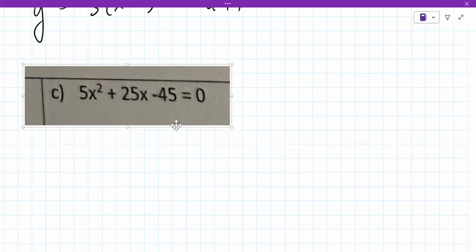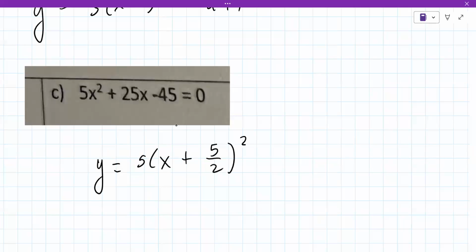I got y equals 5 times x plus 5 halves squared minus 36. Like this? Yep. Okay, so my concern is that when you square this and then multiply by 5, you should get a fraction over here.